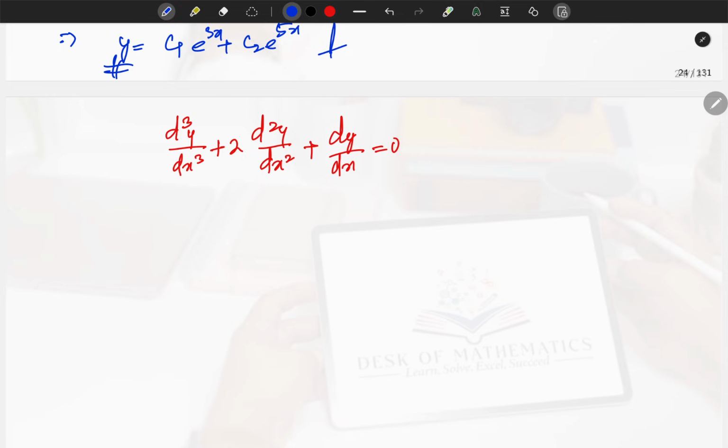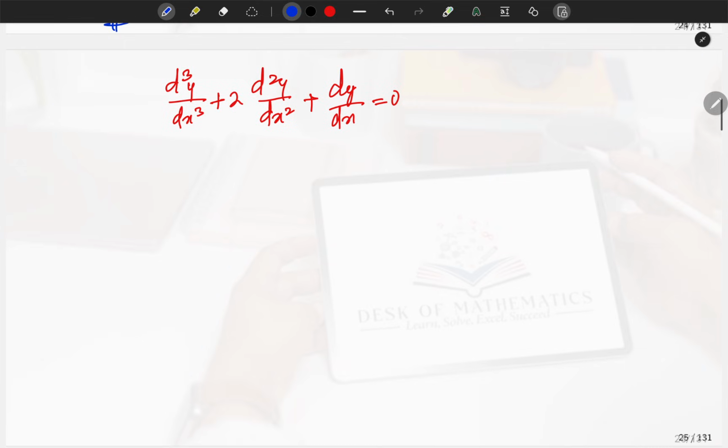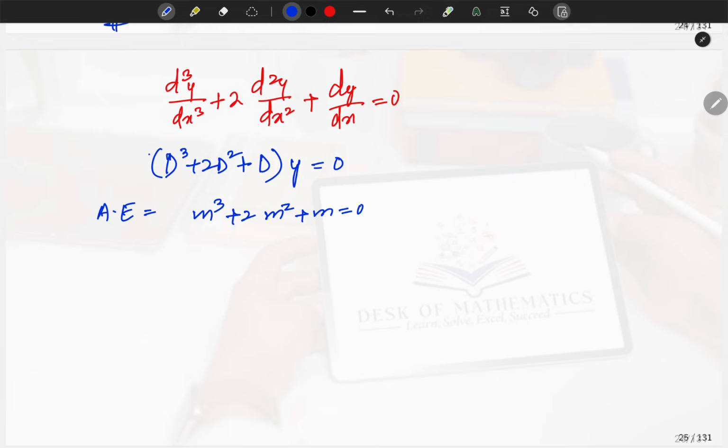You check that the coefficients are constants, so you symbolize it as f of D, that is D cube plus 2D square plus D of y is equal to 0, because here we have the derivatives. Now what is the auxiliary equation? That's m cube plus 2m square plus m is equal to 0.